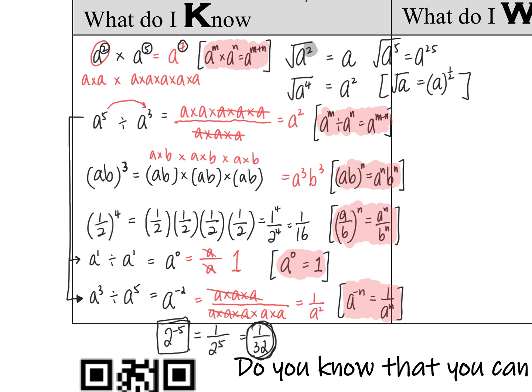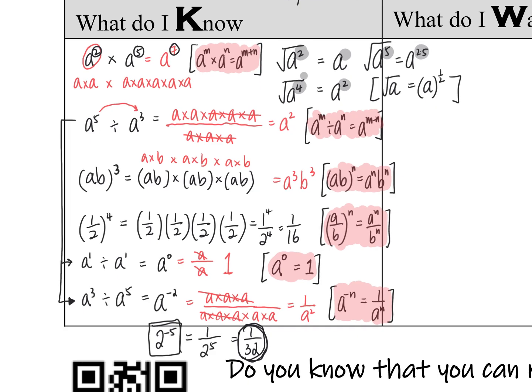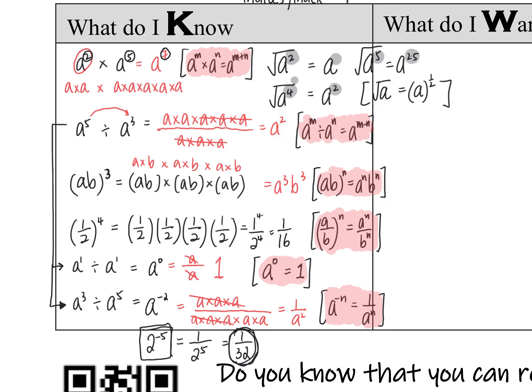So if you have any power that is attached to A and you take a square root, it means raise it to power half. That's why all these numbers you see here, they were half. Because square root means you halve the power. So you have subtly learned this when you were in Sec 1, where you do your index notation and then you find your perfect square and then find the square root.